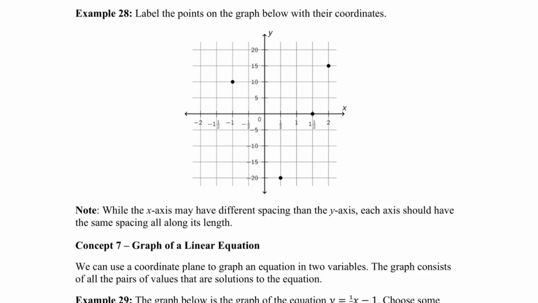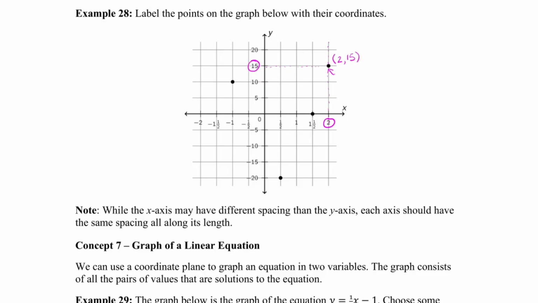So looking at this point first, we see this vertical line is through the 2 on the x-axis. So our x-coordinate is 2. And then the horizontal line through that point goes through the 15 on the y-axis.